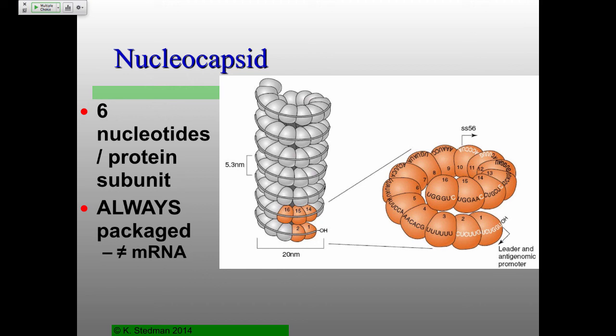And it's binding to the very ends, here at the very 3' end, but also the very 5' end of the genome. And it's the protein binding here that seems to be protecting that RNA from the hungry exonucleases that love to chew in at the ends of your genome.